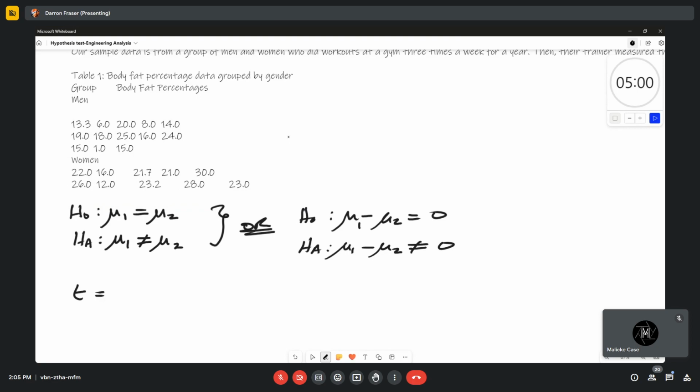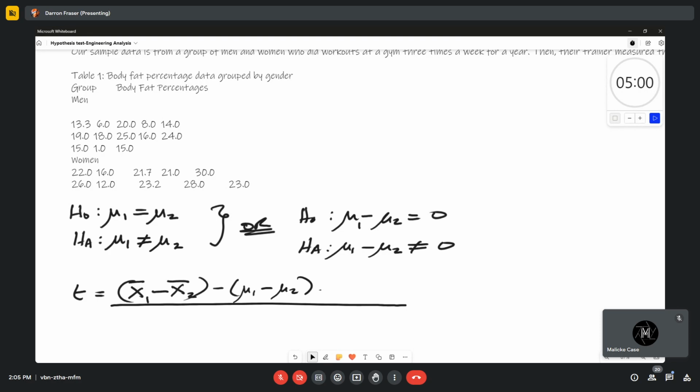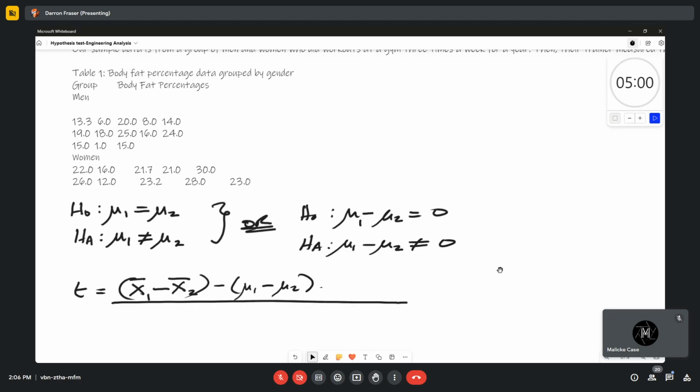Our t value is going to be, for this particular thing, x bar 1 minus x bar 2 minus mu 1 minus mu 2 over, now, the statistic that we use for that.